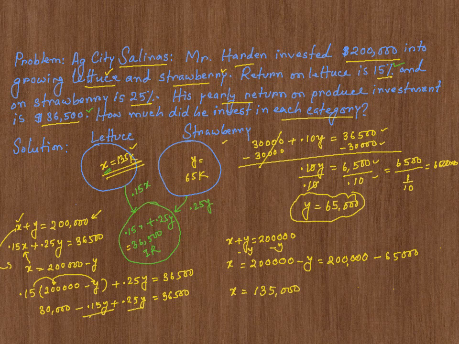So the investment in lettuce was 135K and the investment in strawberry was 65K. You can plug these numbers into these equations and you will see left side equals right side. I hope that this discussion was helpful. Thank you very much.